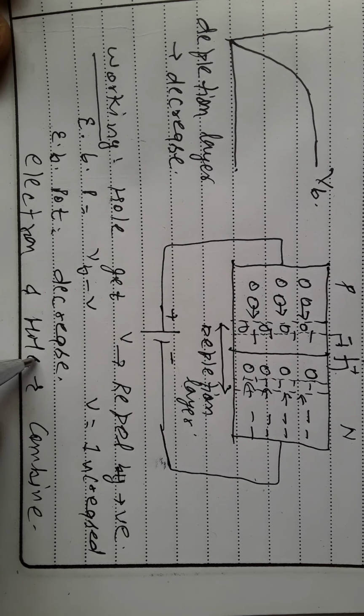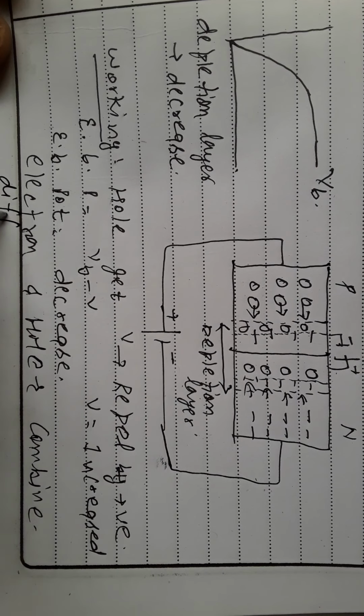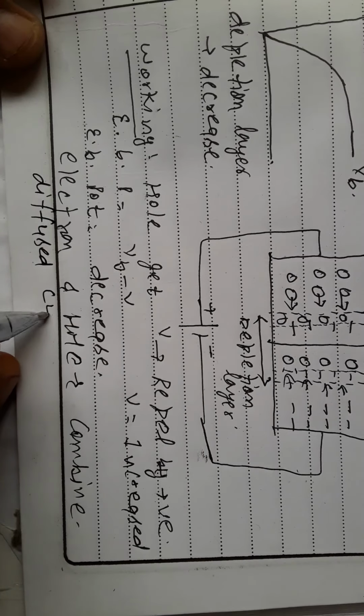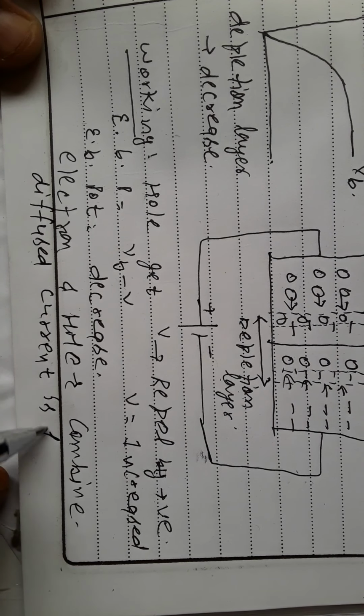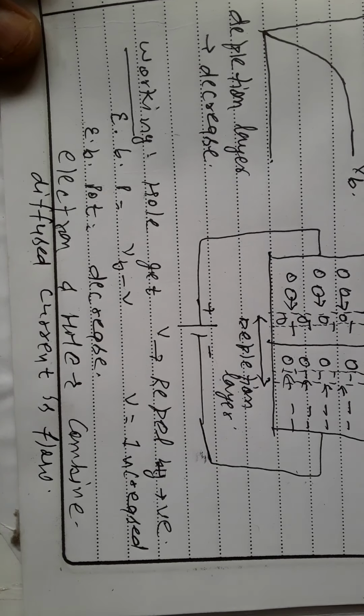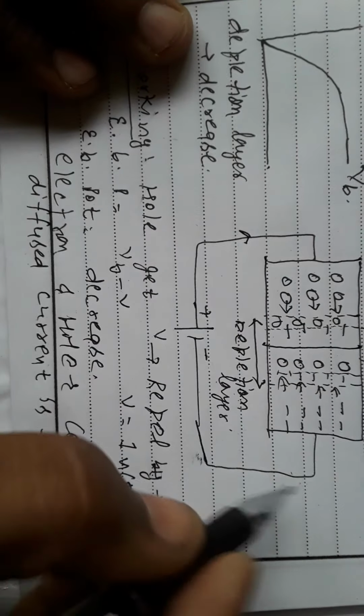Due to the combination of electrons and holes, diffusion current flows. Now we can say current will flow.